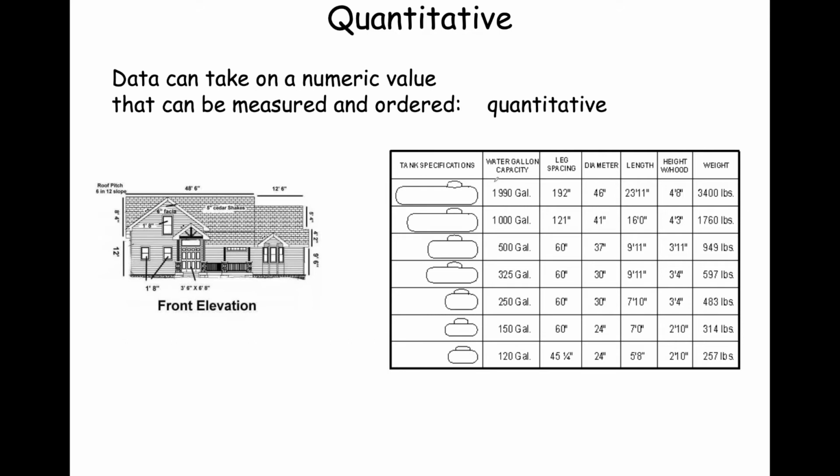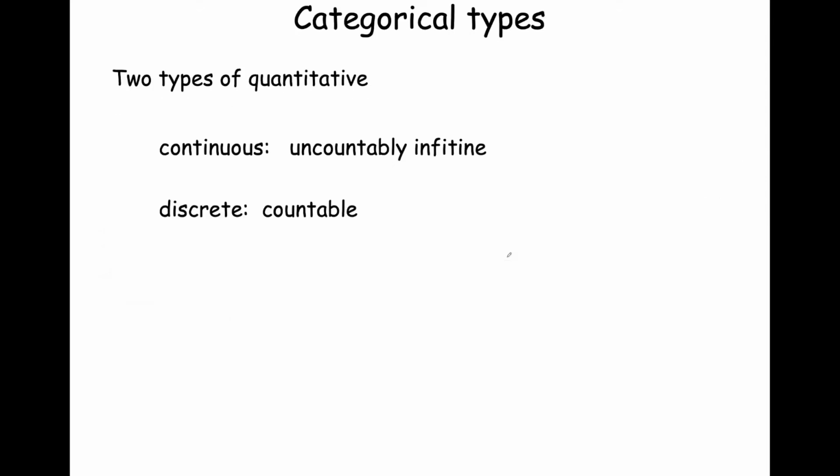You have a 1990 gallon, 1,000 gallon, 500 gallon, and so forth. Well, this variable, capacity, the number of gallons or the storage capacity of these water storage tanks, is quantitative. They can both be measured and they can be ordered.